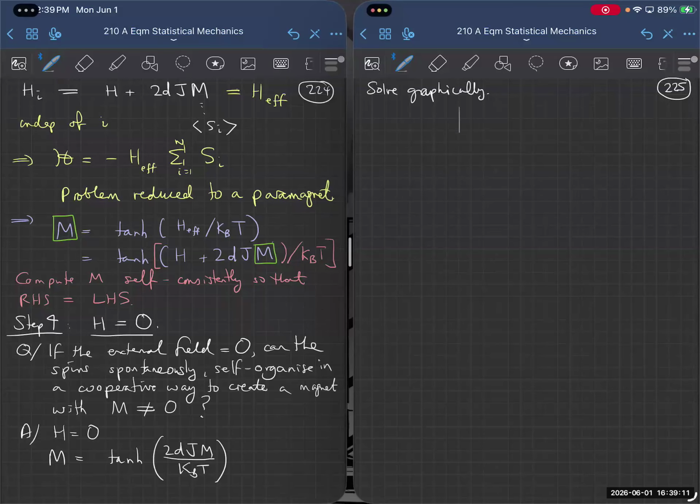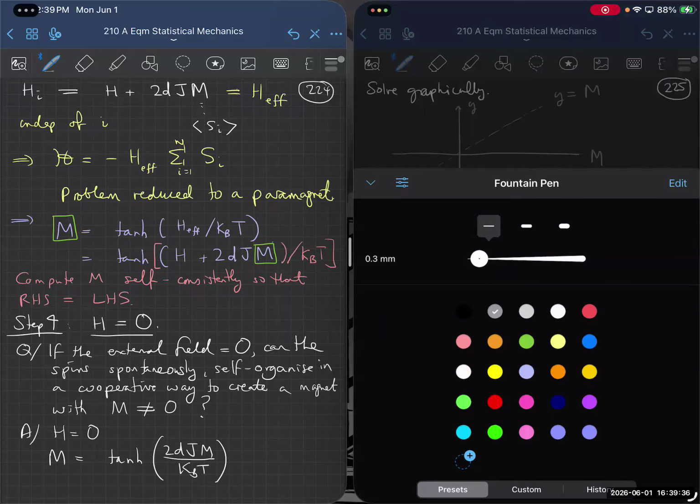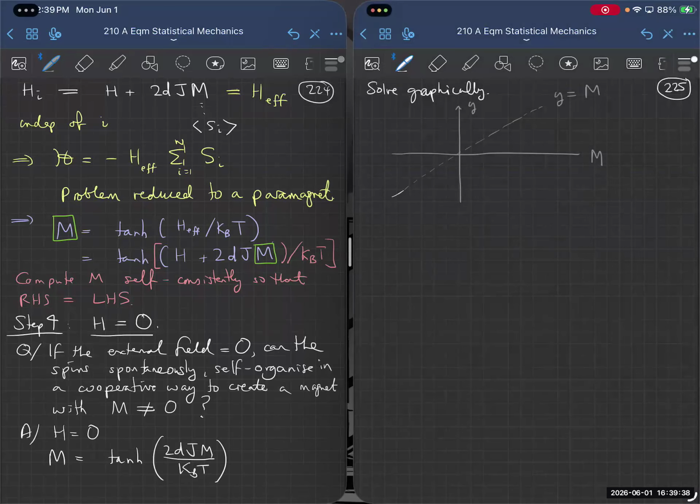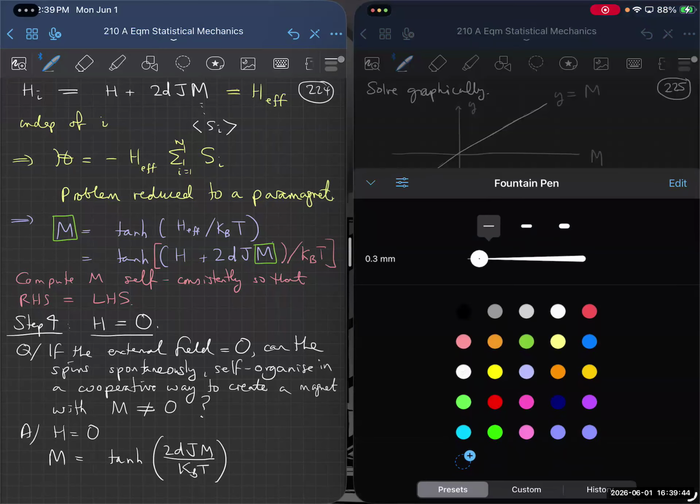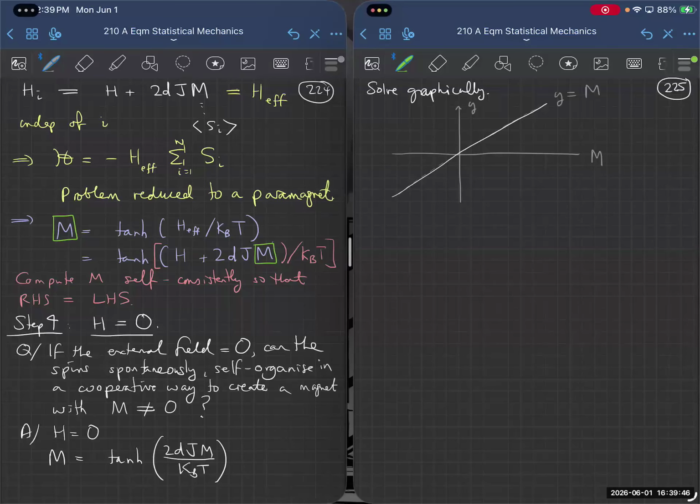So what I'm going to do is plot a graph of y versus x. So here's y, and then the x-axis is going to be the magnetization itself. The first curve that I'm going to plot is the curve y equals m. That's the left-hand side. And then the second curve I'm going to plot is the curve y equals hyperbolic tangent of 2dJm.